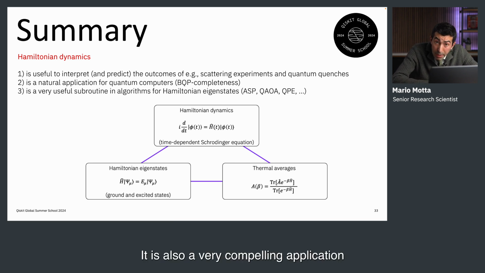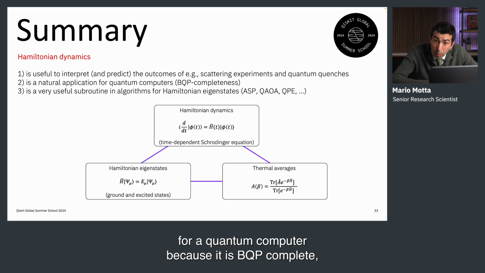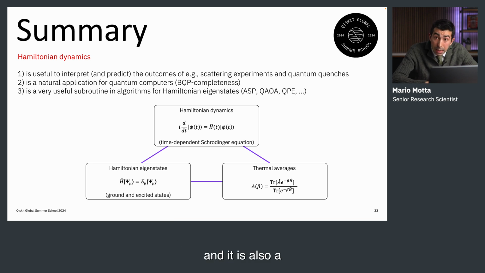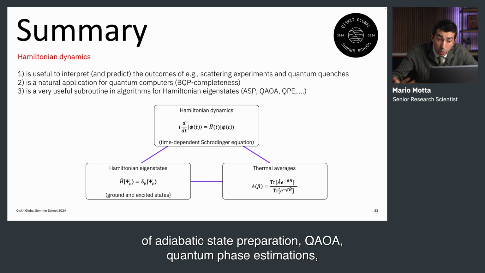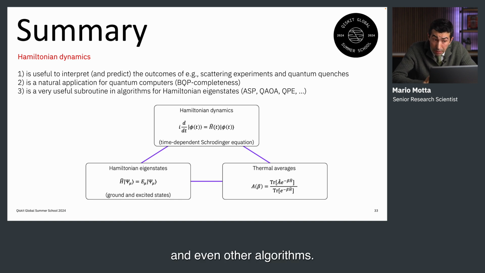It is also a very compelling application for a quantum computer because it is BQP complete, and it is also a surprisingly useful subroutine in the search for Hamiltonian eigenstates, as we have seen through the examples of adiabatic state preparation, QAOA, quantum phase estimation, and even other algorithms.